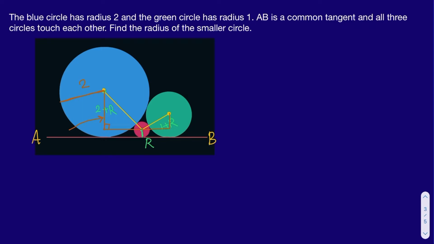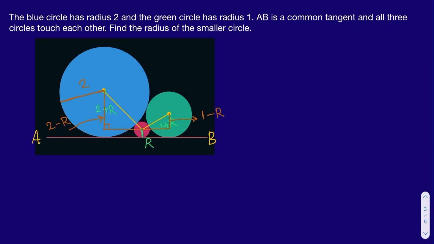So we can say the magnitude of this side is 2 minus R. And similarly, the same thing happens here, so the magnitude of this side is 1 minus R.